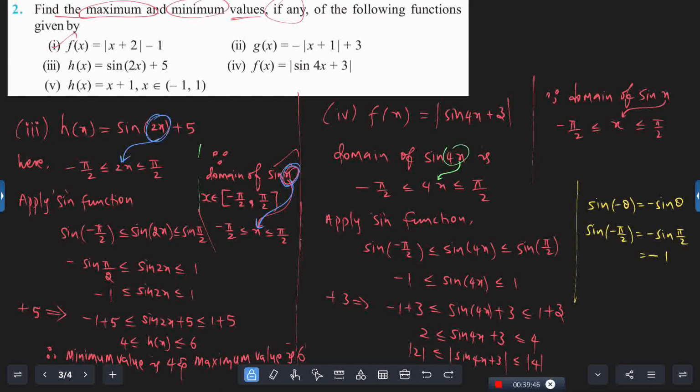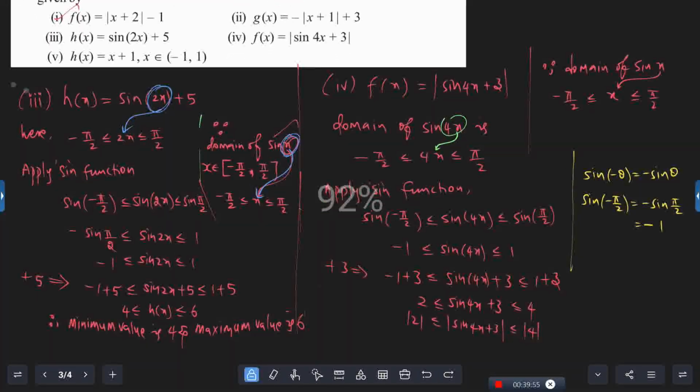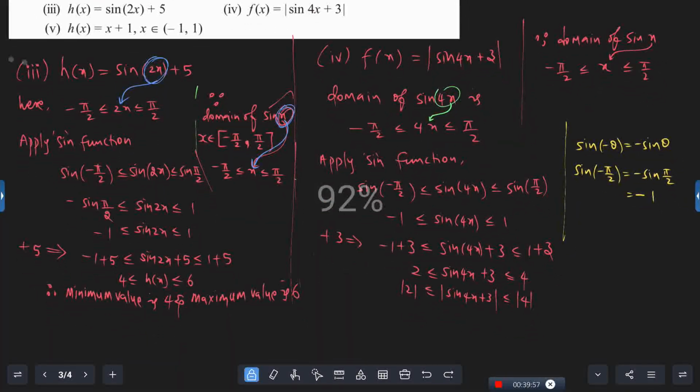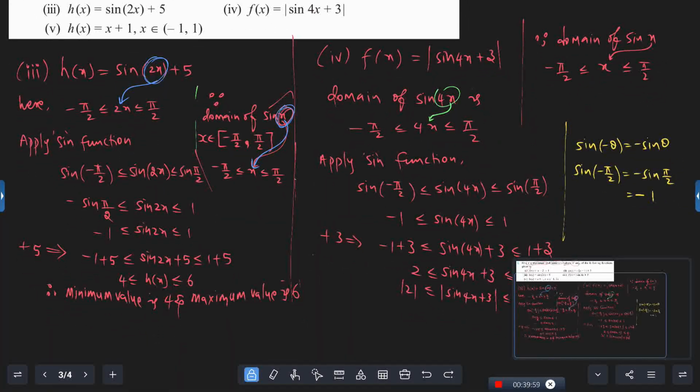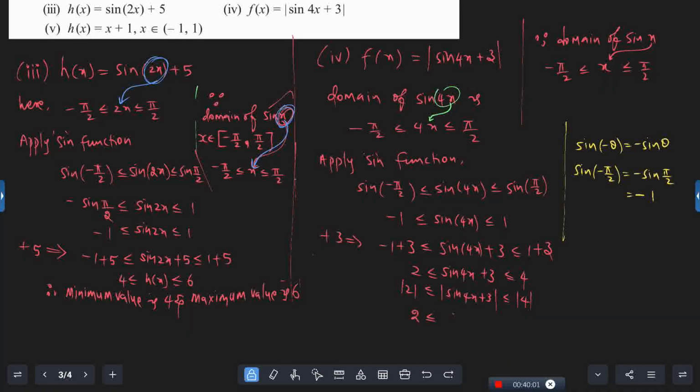Suppose any number is negative, when you apply modulus it will become positive. Be careful. But here both sides are positive only. So 2 less than or equal to f of x less than or equal to 4.